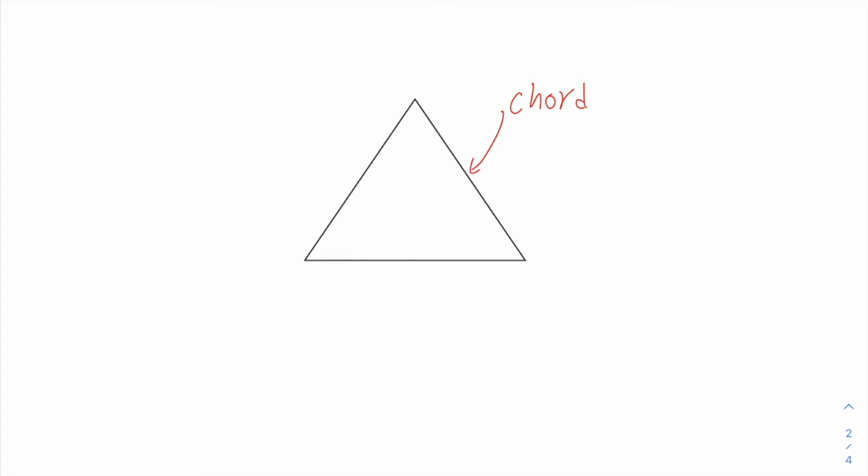The mathematicians created a triangle which represented one side of the pyramid. And the triangle has a link with the circle.